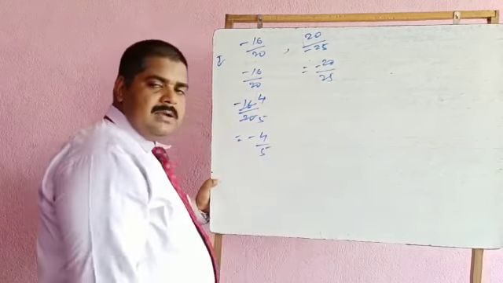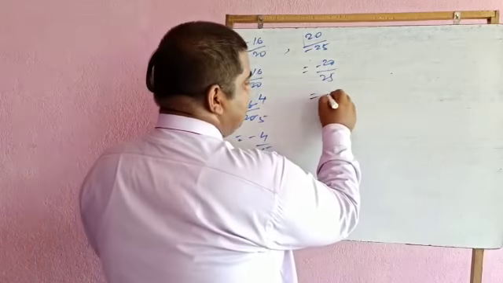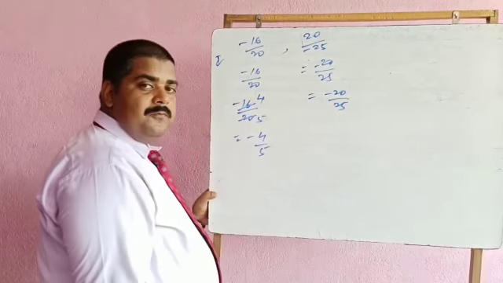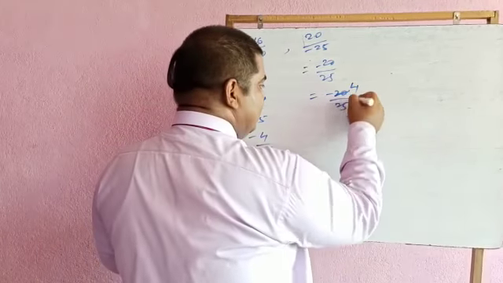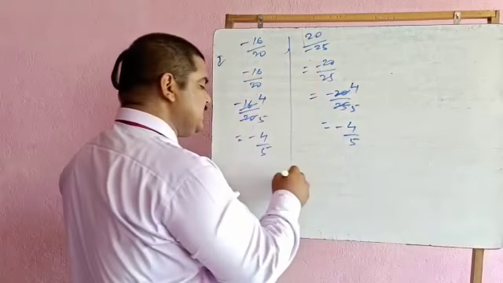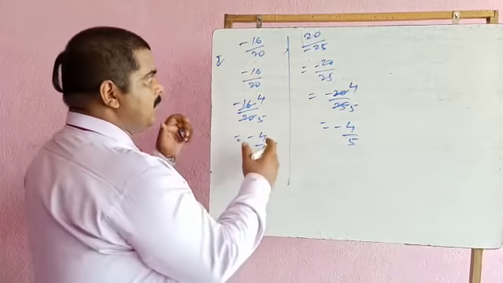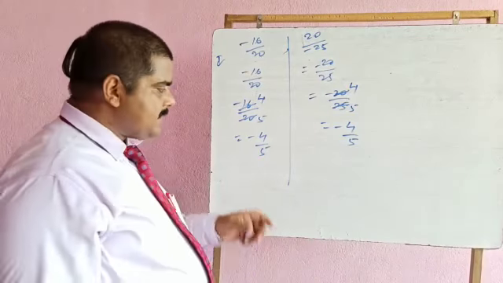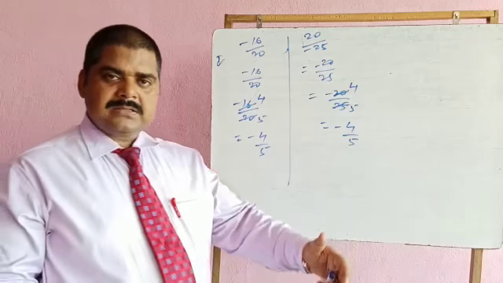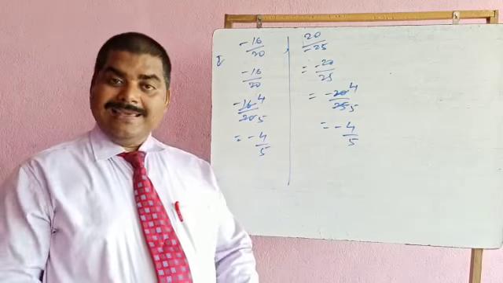Minus 20 upon 25 must be divided by 5, 5 4s are 20, 5 5s are 25, gives minus 4 upon 5. Since the standard forms of both numbers are equal, minus 4 upon 5 is equal to minus 4 upon 5. So both rational numbers are equal.